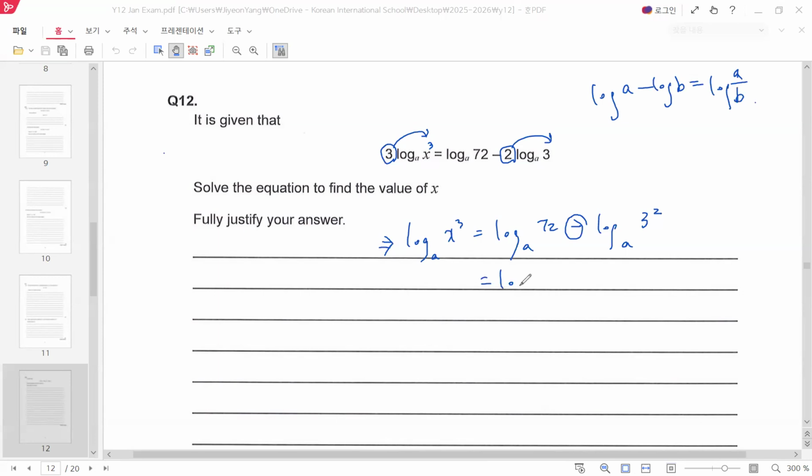So you can convert it as log A, and then 72 divided by 3 square, which is 9, which is 8. So log A x cubed equals log A 8. Please compare them. Since log A, they are the same, so it means that x cubed should be 8. Then x equals 2. You can solve it by using your calculator, okay?